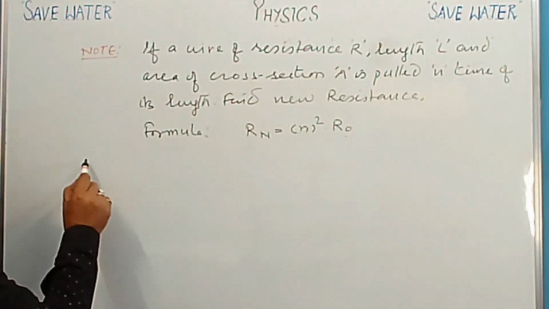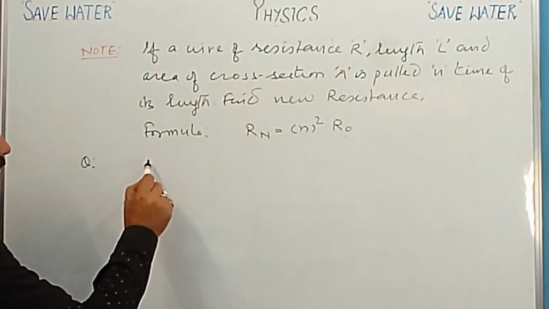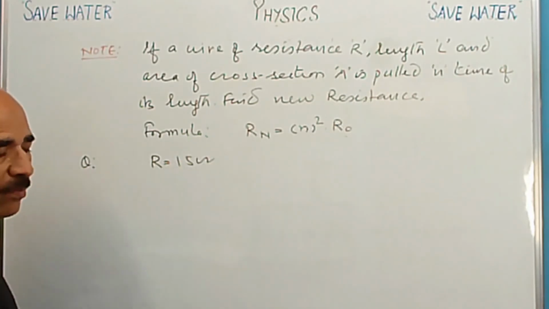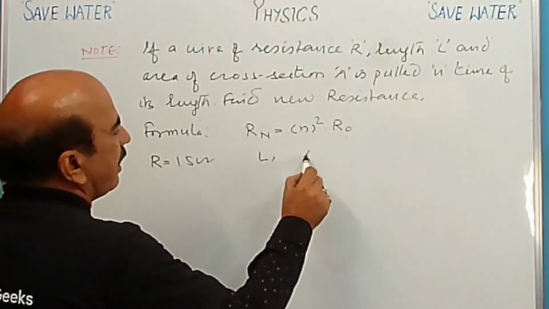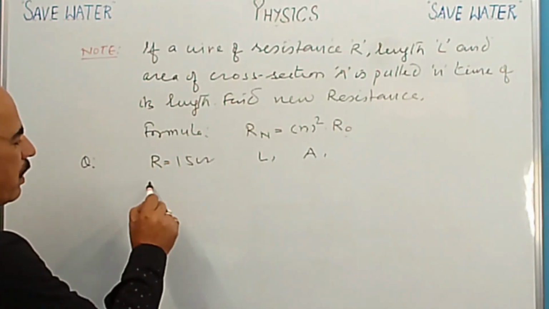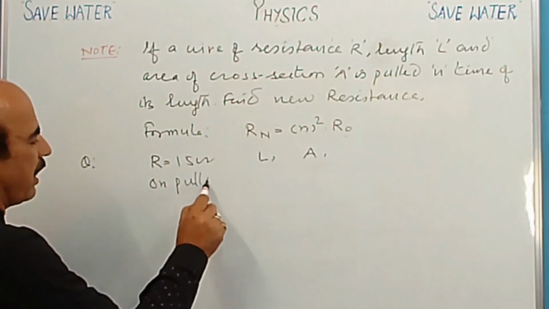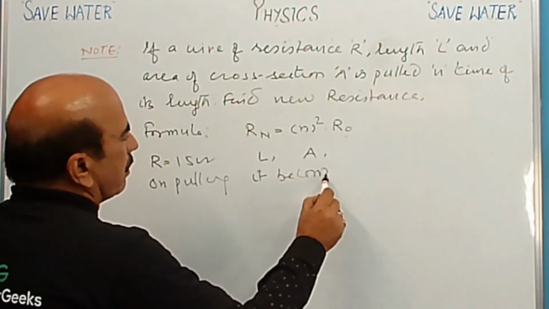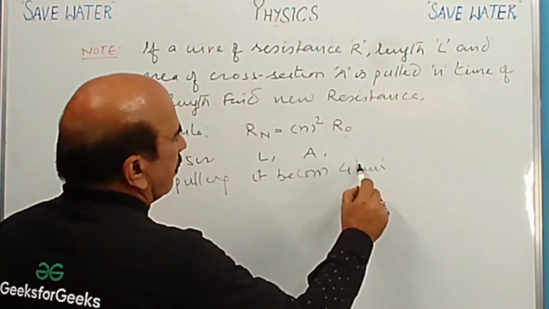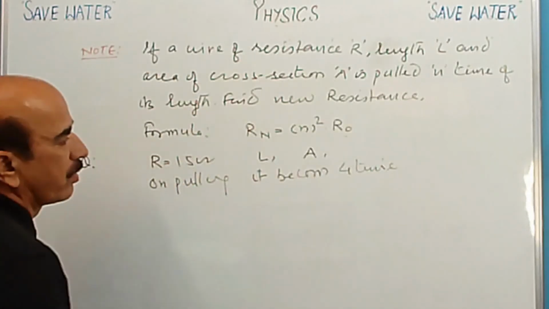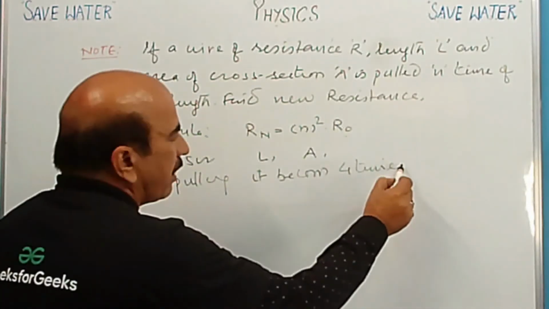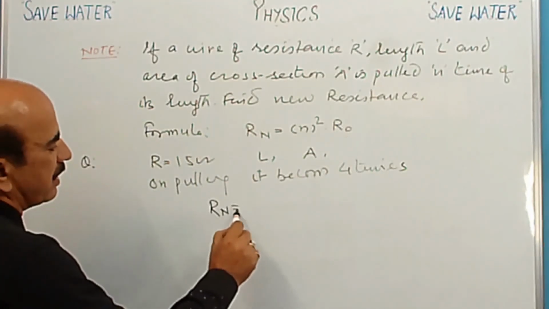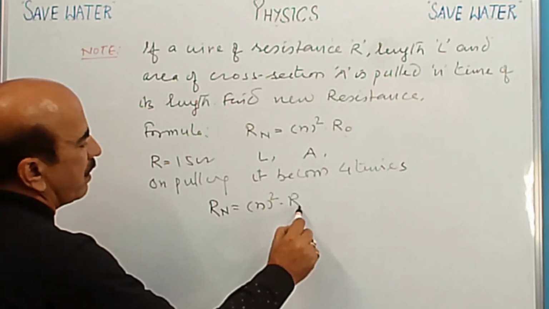Okay, so if we take a small question: if the resistance of a wire is 15 ohm, its length is L and area of cross section is A, and on pulling it becomes 4 times its original length, find the new resistance. New resistance Rn will be n squared into Ro.